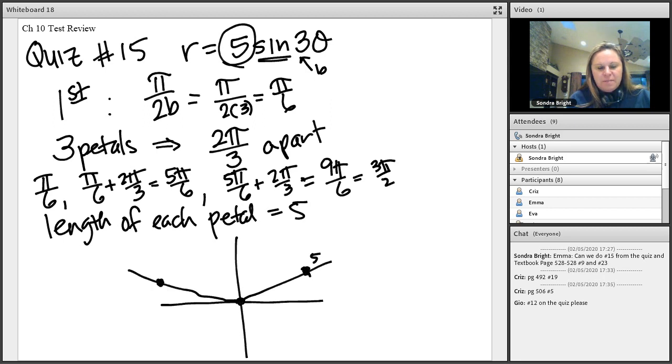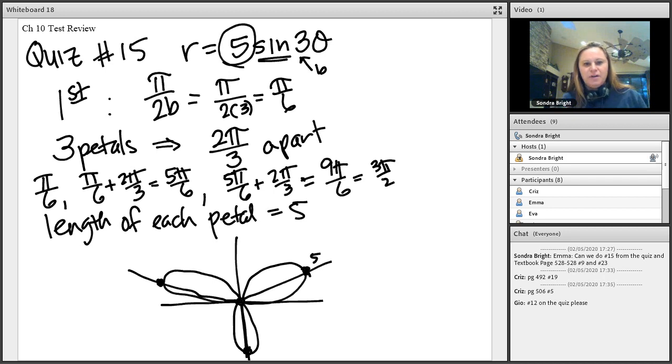And I'll go out the same amount of units. And then at 3 pi over 2, which is down here. And then you just want to make these petals. And obviously it looks funky, but it's definitely easier when you have the polar graphs to do those things. But that one's that one.